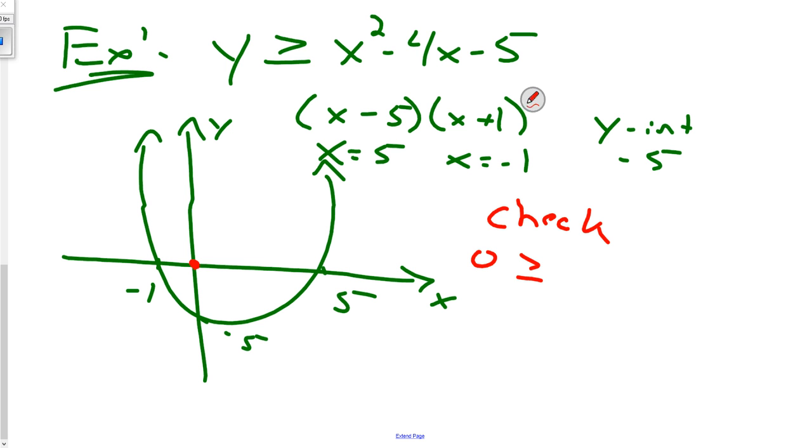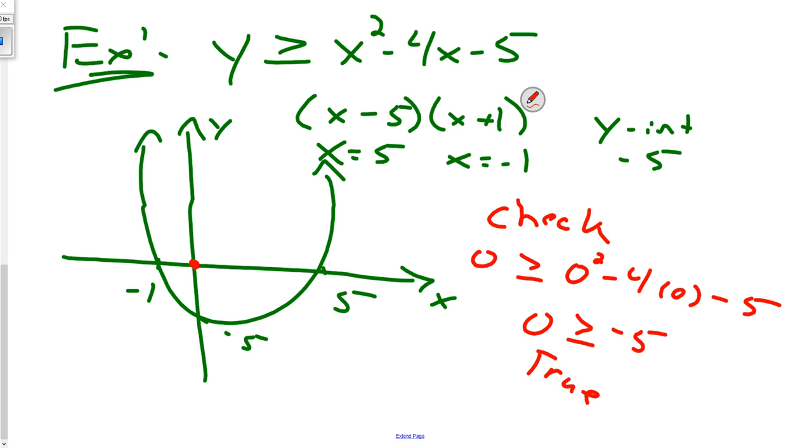Is 0 greater than or equal to 0 squared minus 4 times 0 minus 5? Is 0 greater than or equal to minus 5? Yes. Because this is true, I shade the area that includes it, which is inside the parabola this time.